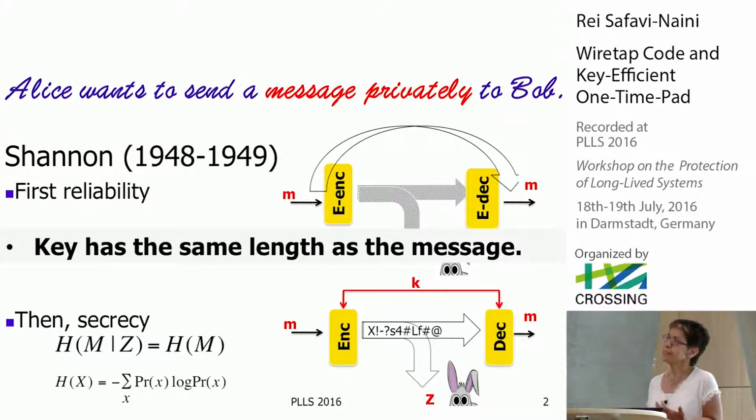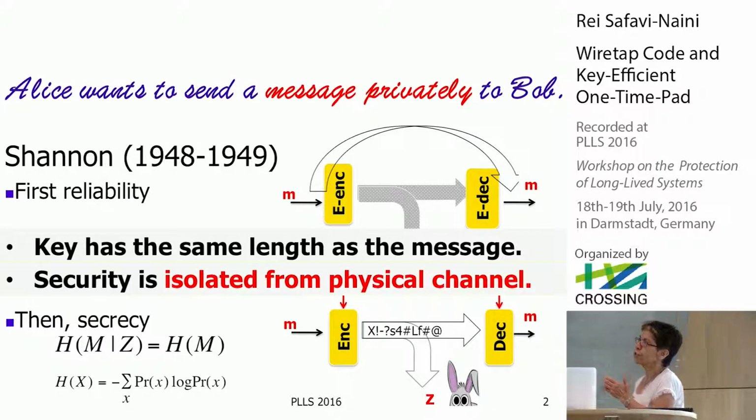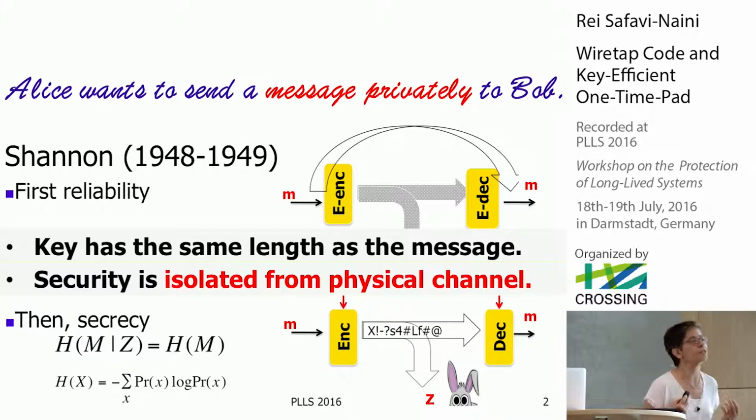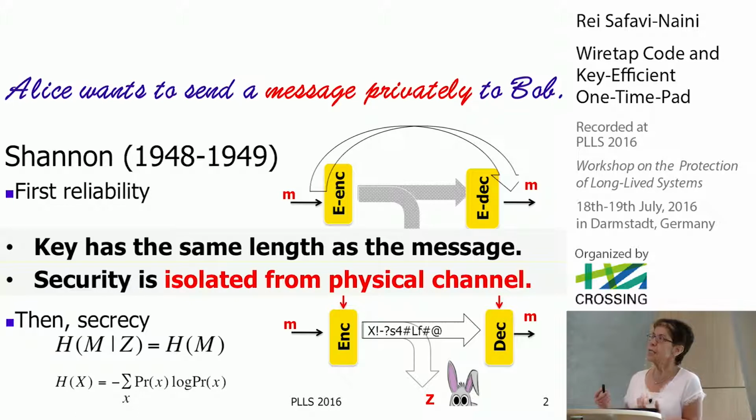But what is also very interesting and less talked about is that this approach effectively isolates security from physical properties of the channel. This is something we take for granted. In cryptography, we don't talk about it. The whole development of cryptography has been around algorithms and computation, and not about thinking about the physical channel, because Shannon showed that we should not think about it.